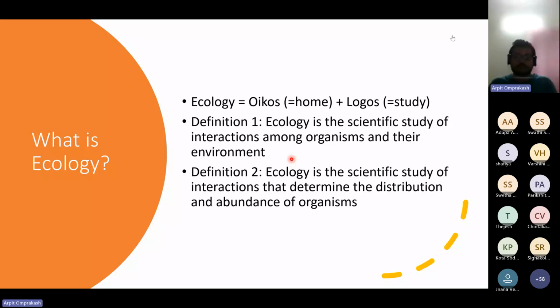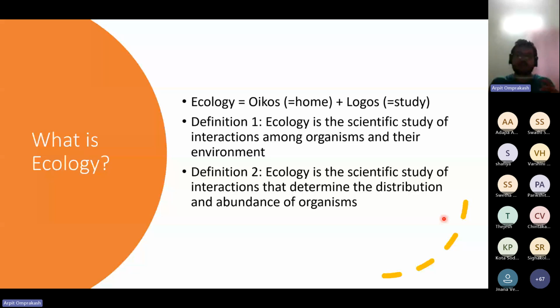Sorry. The second definition is more scientific. Basically, ecology is the scientific study of interactions that determine the distribution and abundance of organisms. For example, let's say we have some monkeys, a langur.